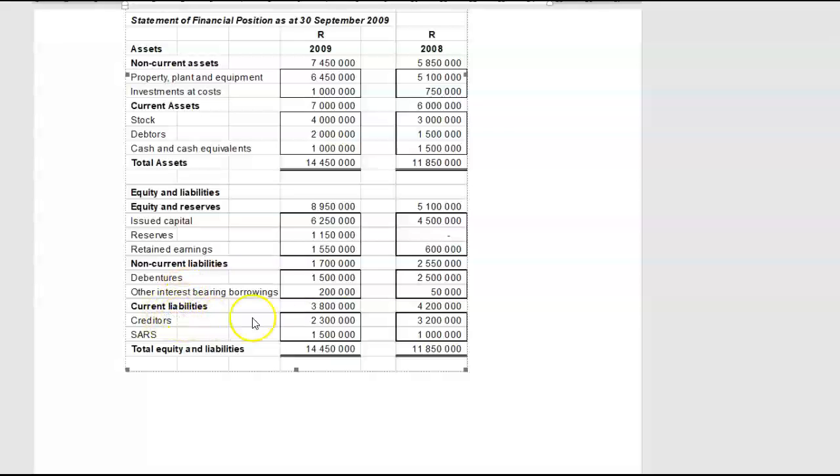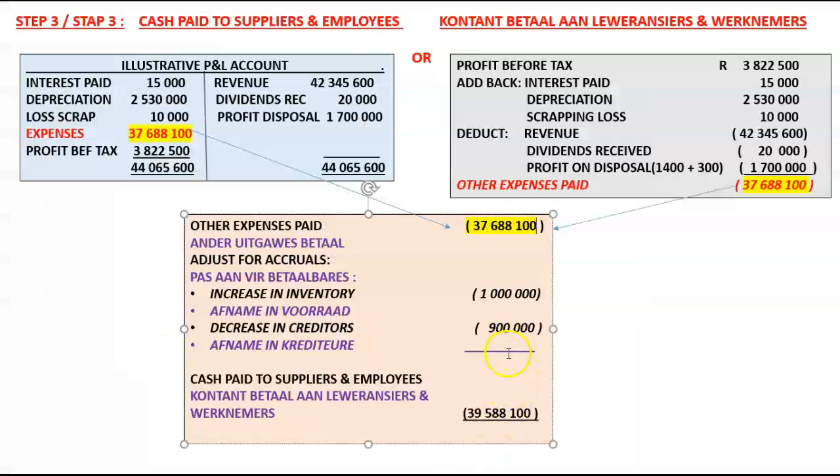Then here, current liabilities, creditors. There was a decrease in creditors, and that also represents an outflow of cash because I've paid them more. I repaid more financing to creditors in the current year than what I've received.